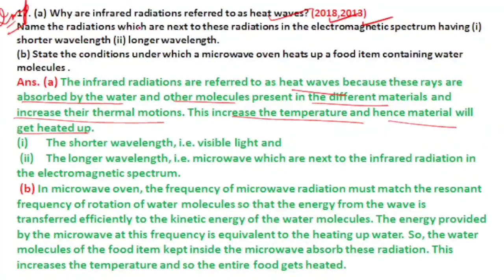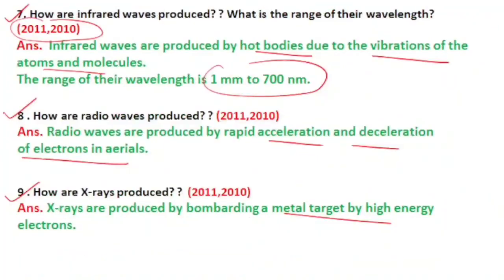Next, name the electromagnetic radiations which are next to these radiations in the electromagnetic spectrum, one having shorter wavelength, and one having longer wavelength. So, infrared radiation you know. Now, you have to write the electromagnetic radiation next to infrared which has shorter wavelength and the one which has longer wavelength. Shorter wavelength, which one? Yes. Again, you go through the diagram of this one.